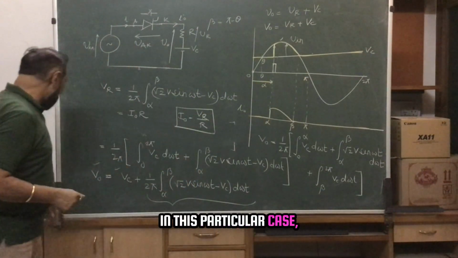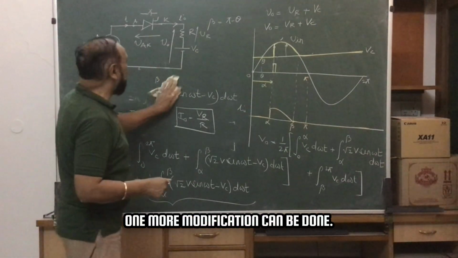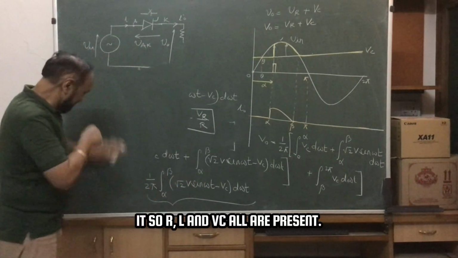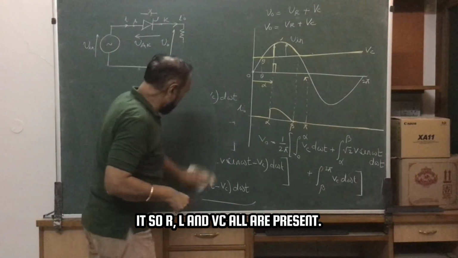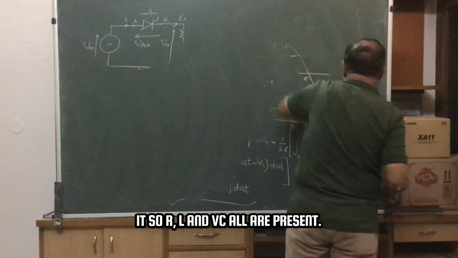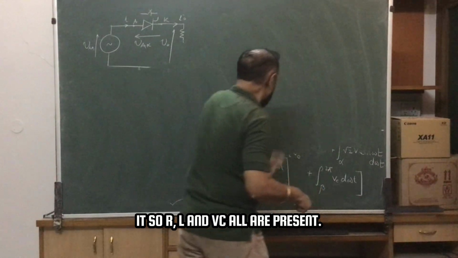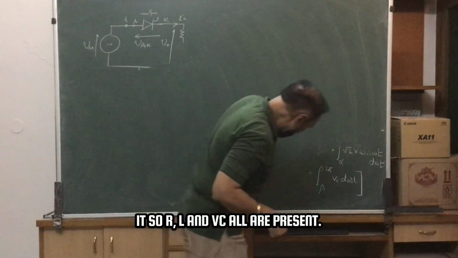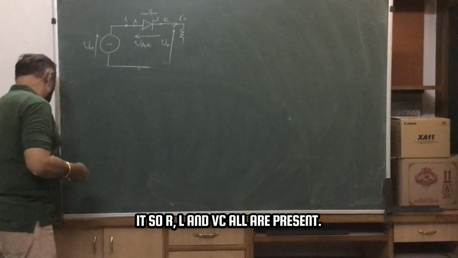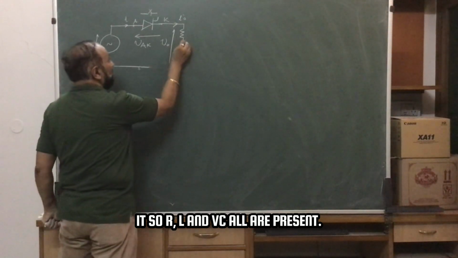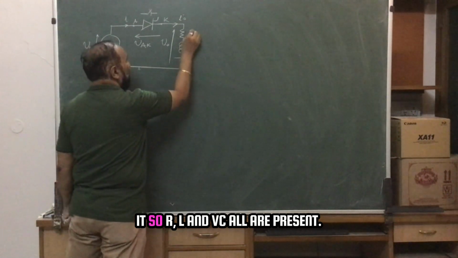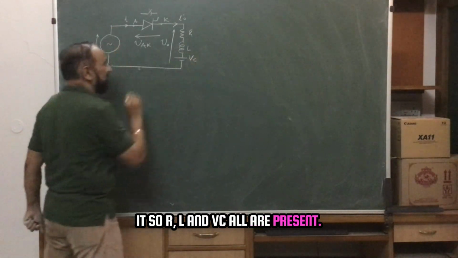In this particular case, one more modification can be done if we say inductance is also present. So R, L and VC all are present.